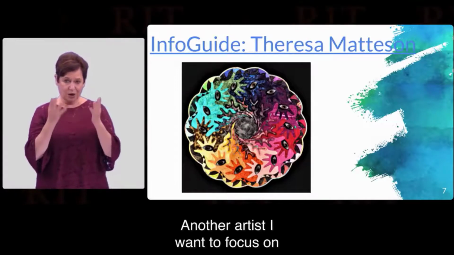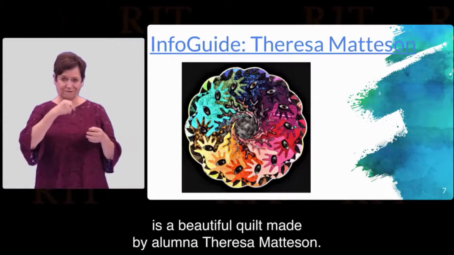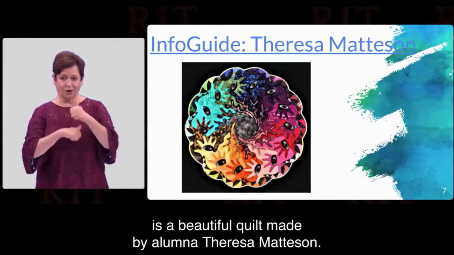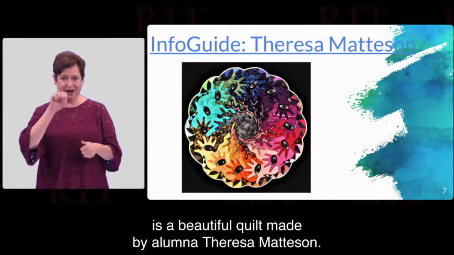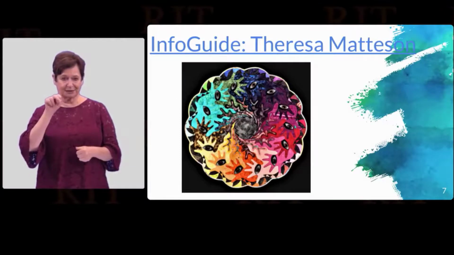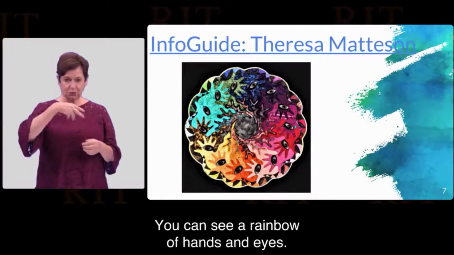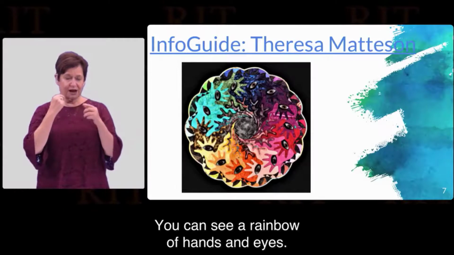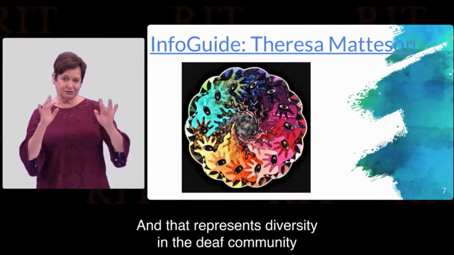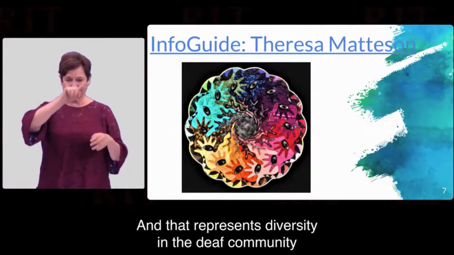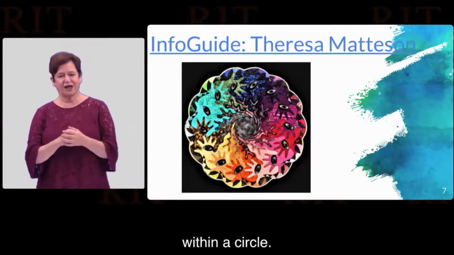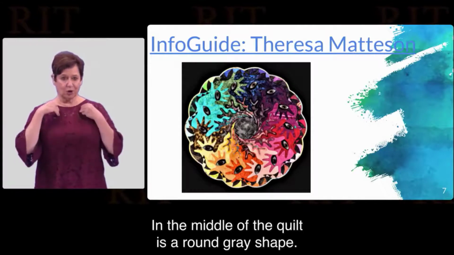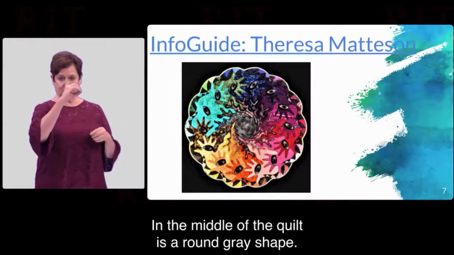Another artist I want to focus on is a beautiful quilt made by alumna Teresa Madison. You can see a rainbow of hands and eyes, and that represents diversity in the deaf community within a circle. In the middle of the quilt is a round gray shape.